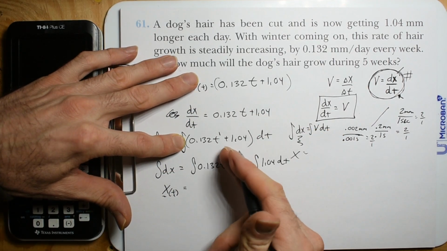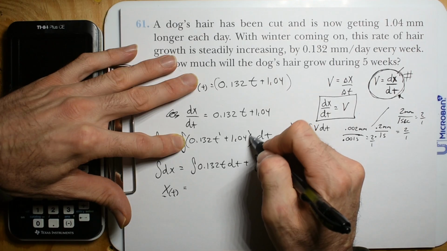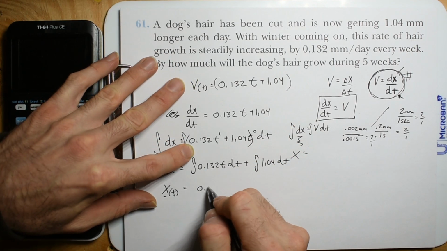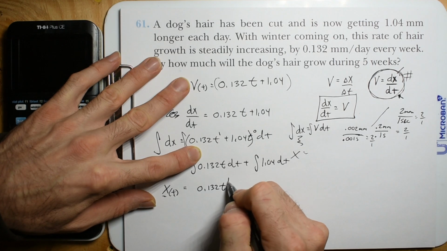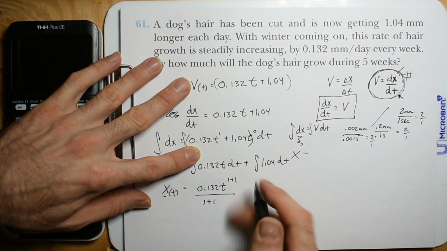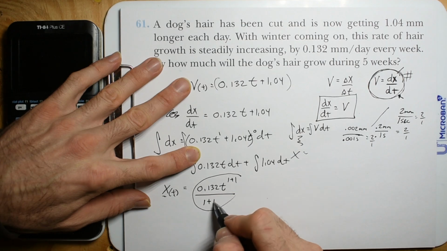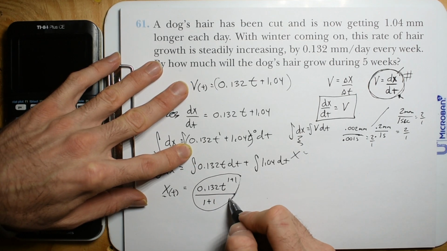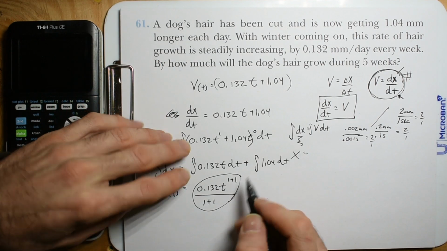this is t to the 1. Sometimes that's very helpful. And again, it could be helpful to put t to the 0 right here, because this becomes 0.132 t to the 1 plus 1 over 1 plus 1, using the power rule of integration. Sometimes I'll always miss this divide by 2 down here, so this is a very useful strategy for me to go back to.